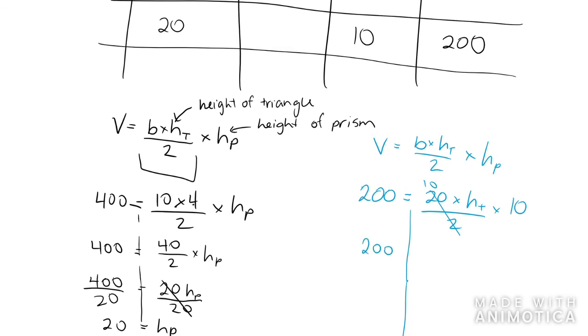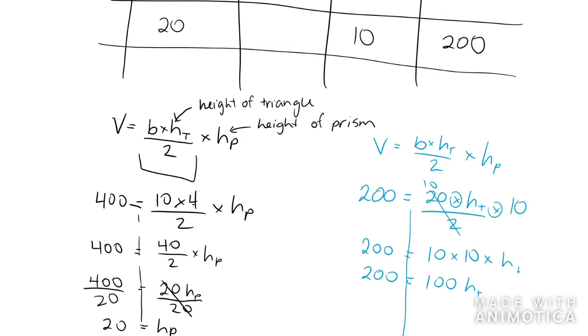So 200 stays on that side. We have 10 times 10. Because remember, because this is times and this is times, we can rearrange that order. 10 times 10 times HT. 10 times 10, that is 100 HT. The 200 still hasn't been touched.